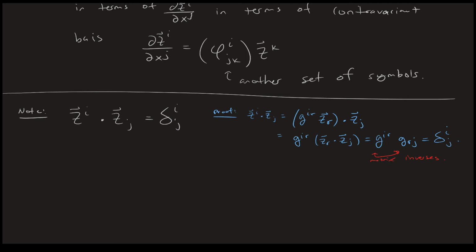And I'm basically just doing a matrix multiplication right there. So this is a good result. So then, we can rewrite Christoffel symbols.